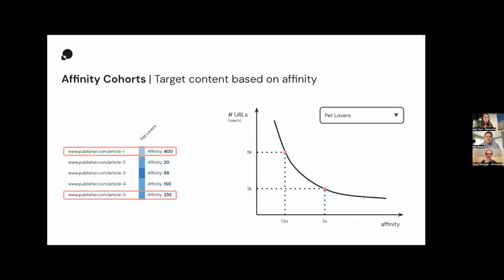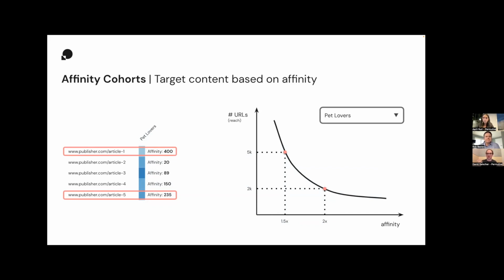And you mentioned lookalike models earlier, that there are some similarities in the approach, right? So similar to lookalike modeling, where typically you choose between scale and similarity, in this model here, you choose between affinity and reach. So you can go for higher affinity.